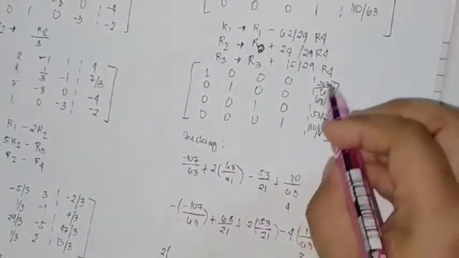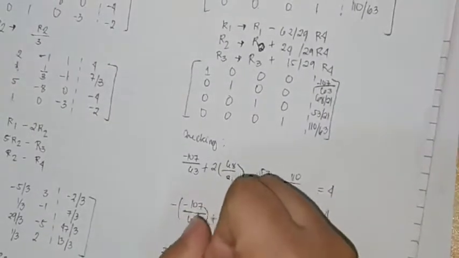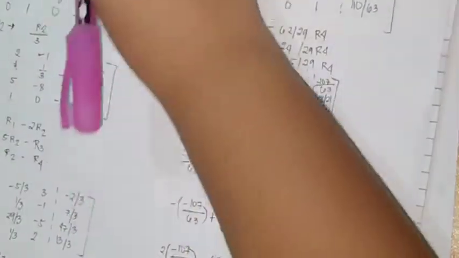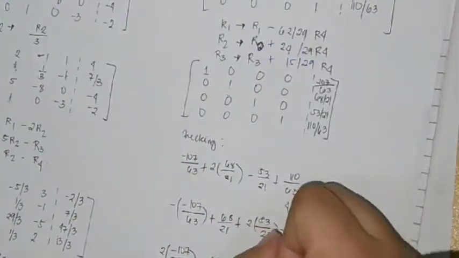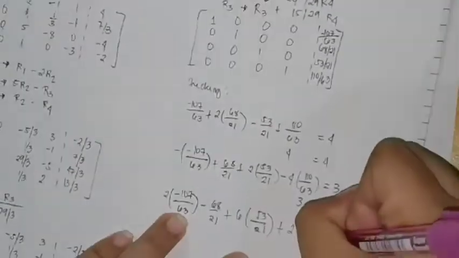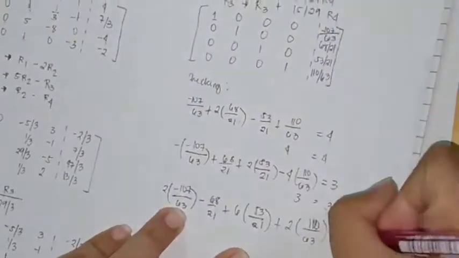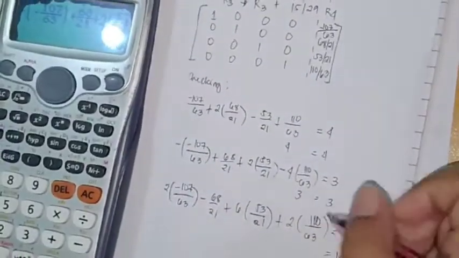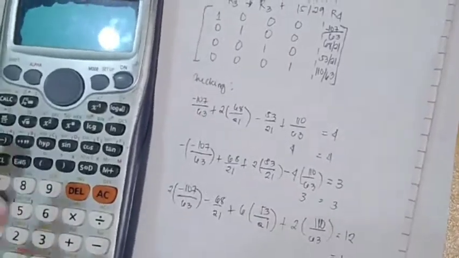So for the next equation, 2w, which is negative 107 over 63, minus x, which is 68 over 21, plus 6y, which is 53 over 21, plus 2z, which is 110 over 63, is equal to 12. If they are the same, I hope it's the same.